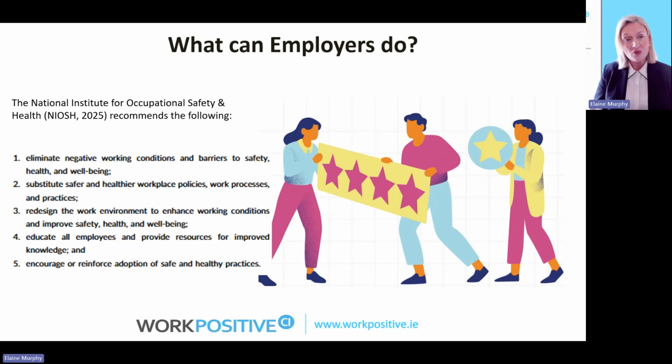The third action, redesigning the work environment to enhance working conditions and improve safety, health and well-being. Very much, I suppose, it seems basic enough, but installing proper signage, safety barriers, not often done in some workplaces.